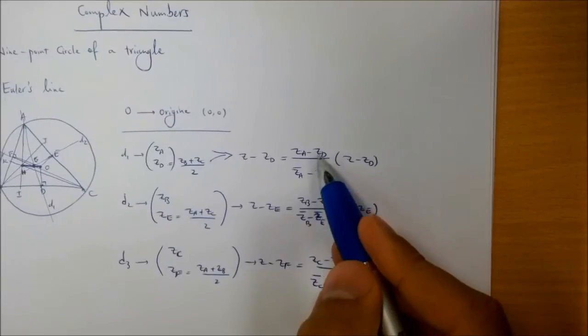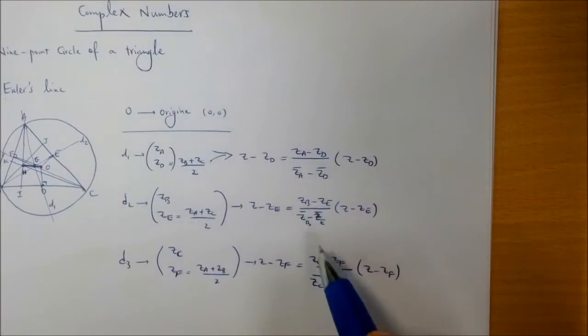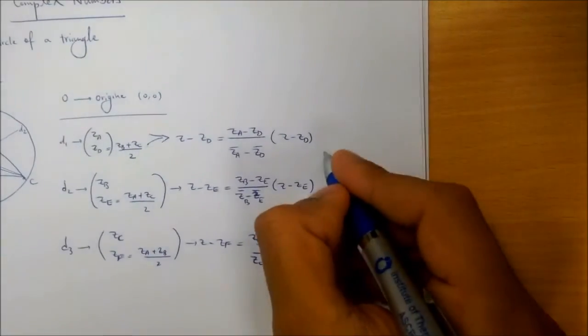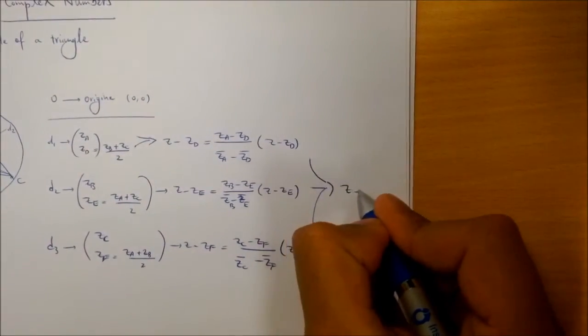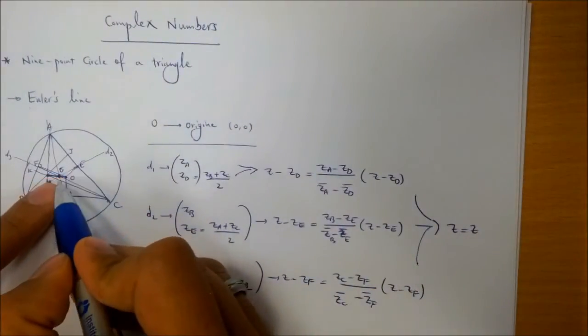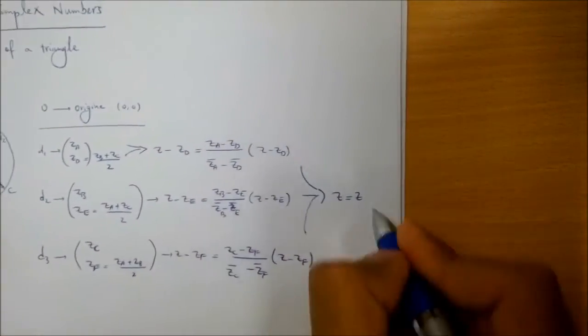We can show that the point which satisfies simultaneously this system of equations is the point Z, which is Z of the point G, in fact the intersection of these lines D1, D2, and D3.